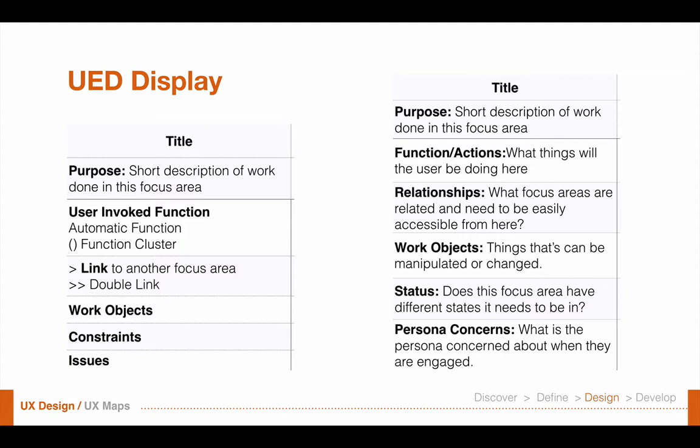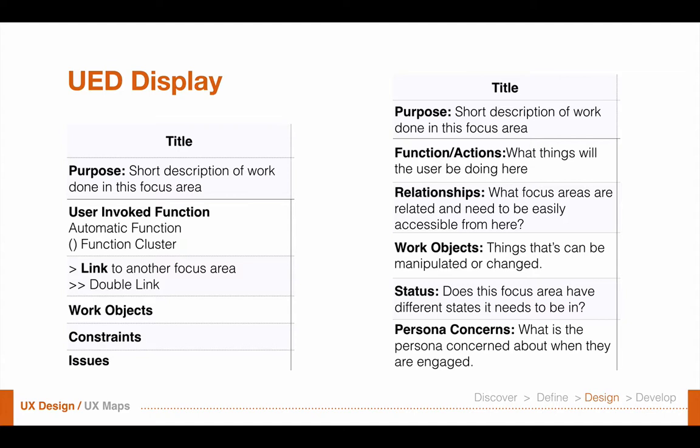So usually we display the title, what this whole focus area is, and then write down the purpose, a short description of the work that is done in this focus area. And then we write the user-invoked functions. Are there any automatic functions? Are there any function clusters?